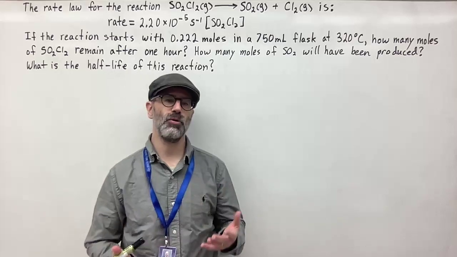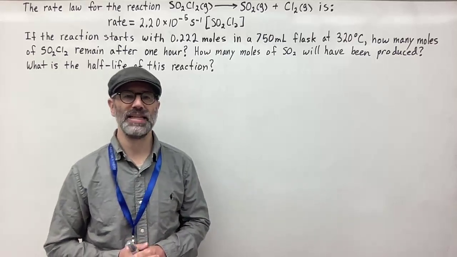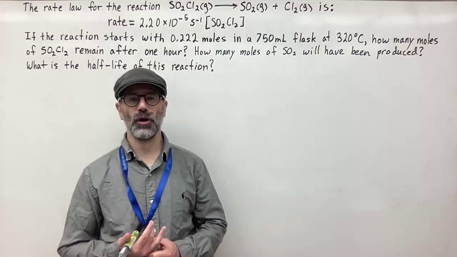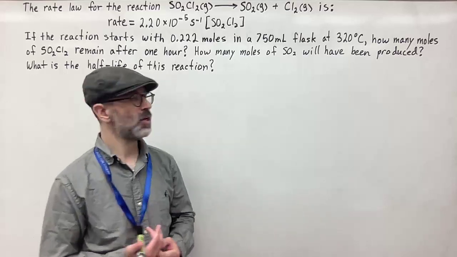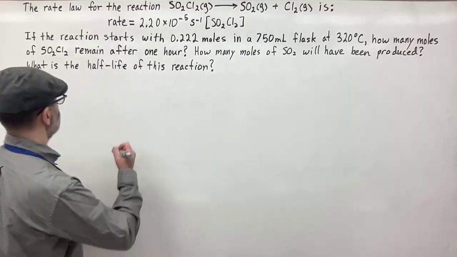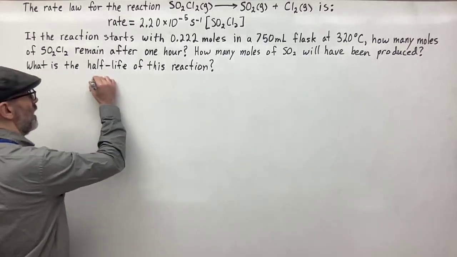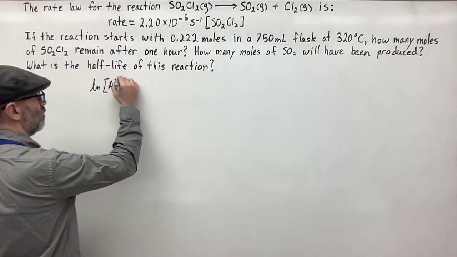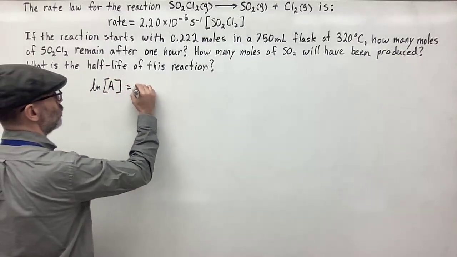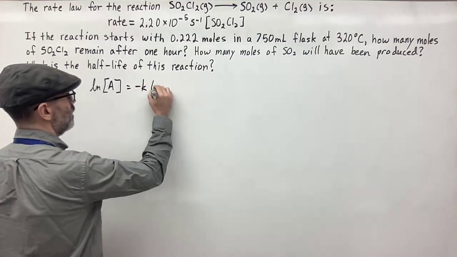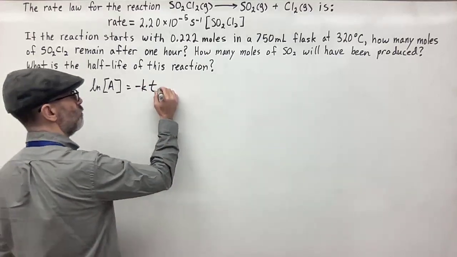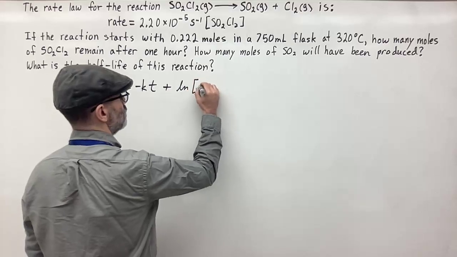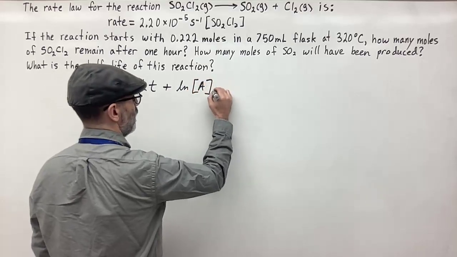So the first thing we need to write down is the integrated rate law and the half-life equation for a first order reaction. For the first order reaction, it's going to be the natural log of substance A equal to negative k times t for time plus the natural log of substance A initially.